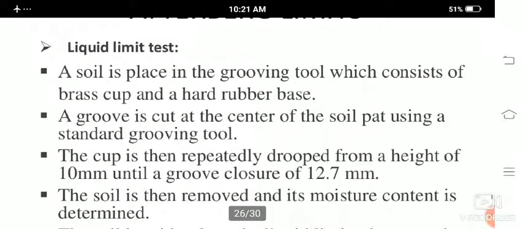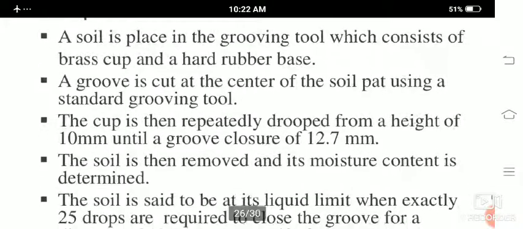For the liquid limit, you will have a grooving tool, a brass cup, a rubber base plate and a mold. With the grooving tool at the center, you draw a perpendicular line, removing the soil sample in a straight line, and you repeat it at the same height until the groove closes, that is 2.7 mm.